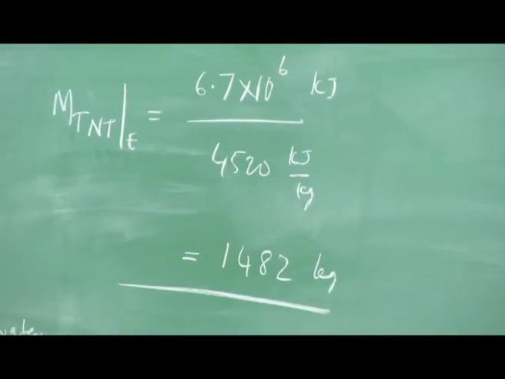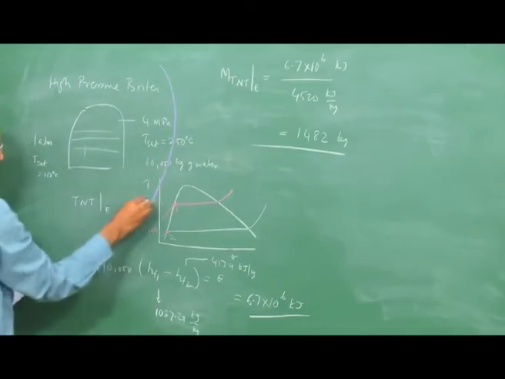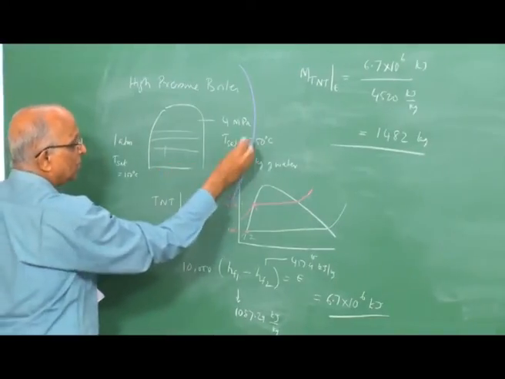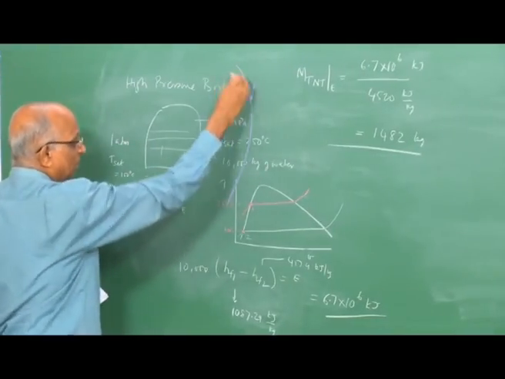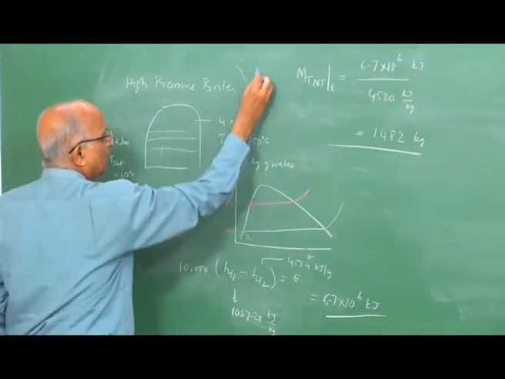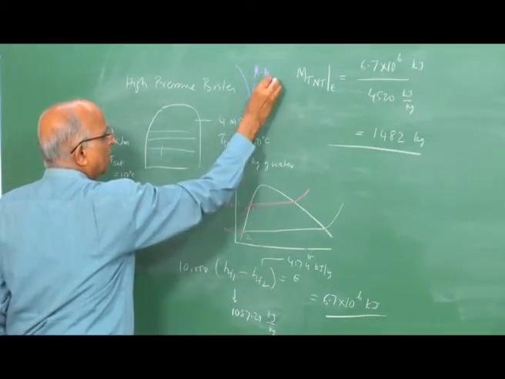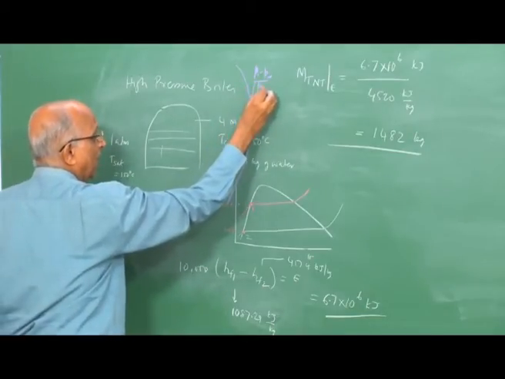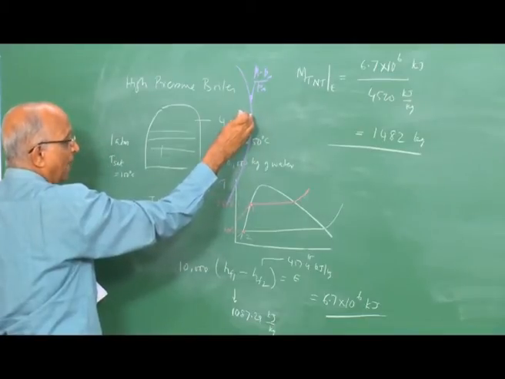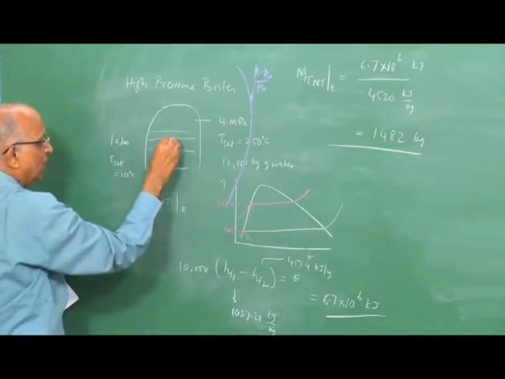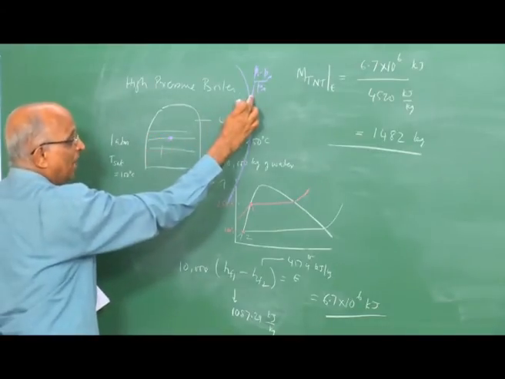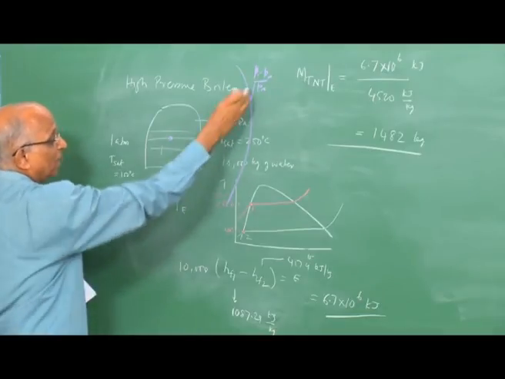Now, when this boiler bursts, we also find that there is damage. Maybe the building around this boiler at a particular distance gets damaged, and for this to happen, I know the overpressure P minus P ambient has a certain value. I know the particular damage which is caused. I find out what mass of TNT, if it was available here, would cause the same damage. I go back to the curves I generated.